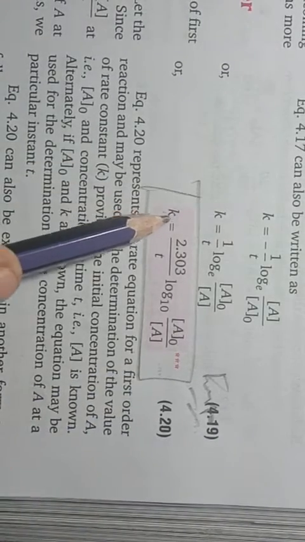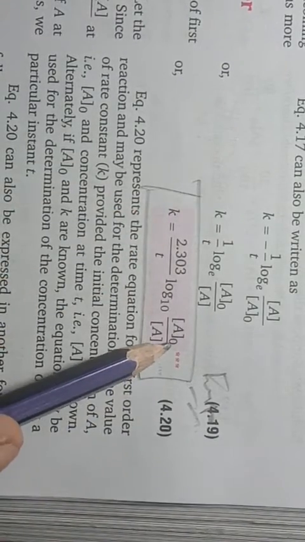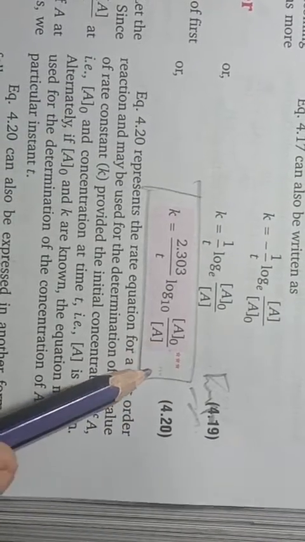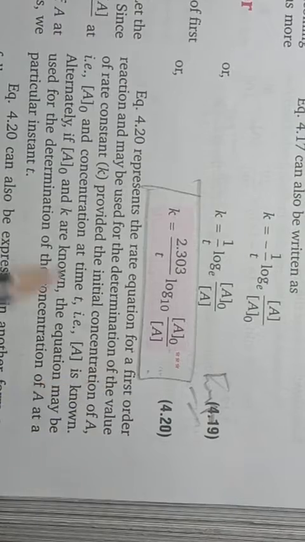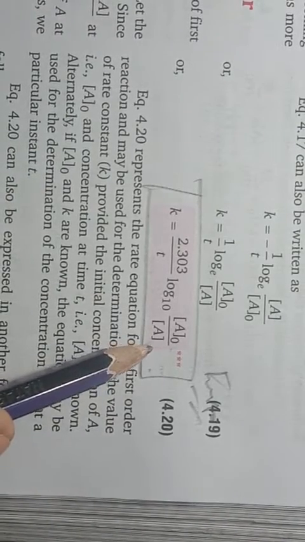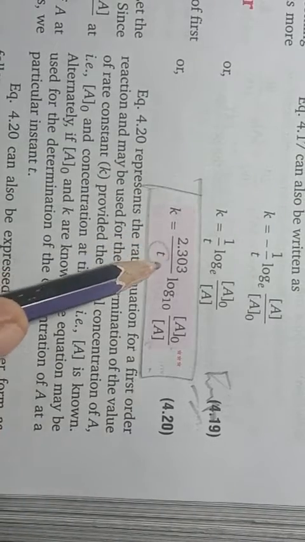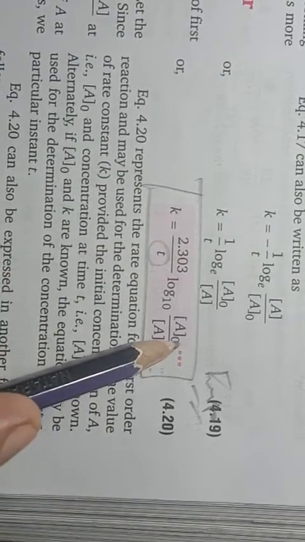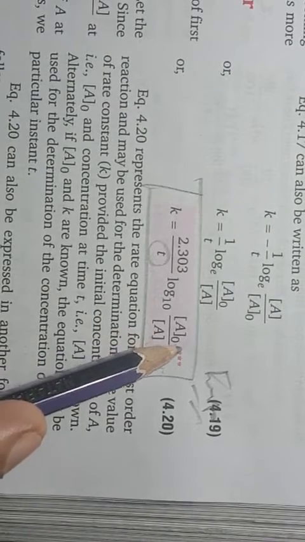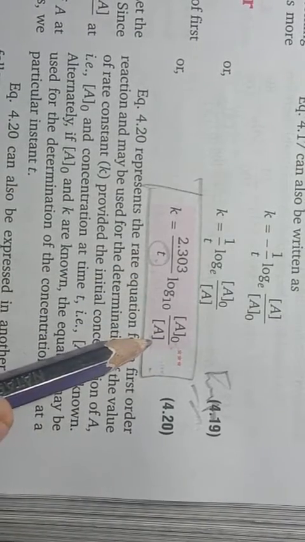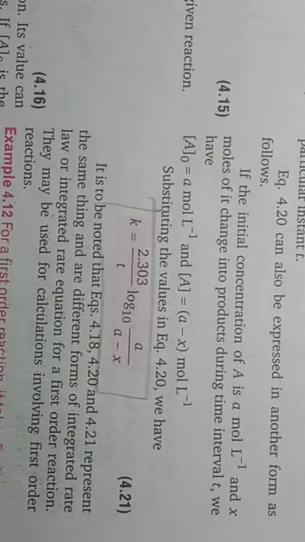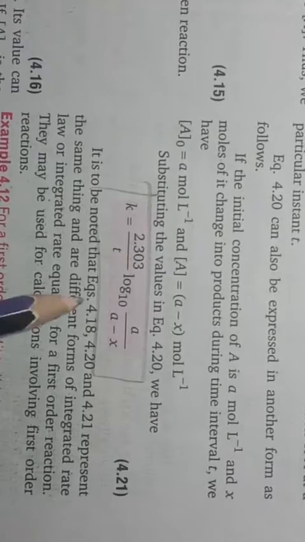Okay, so in this equation, A naught is the initial amount of the compound, and A is the compound which remains after a time period T. Okay, students, and we can write this relation in this way also.